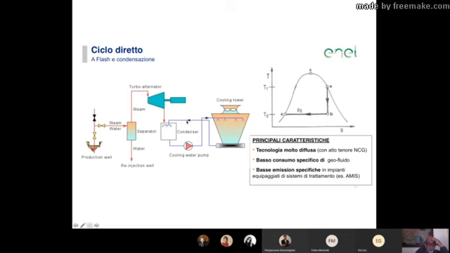Just to let you understand how important this is, for instance, at Amiata, the emission to the atmosphere of CO2 is 1.5 times that of a gas-fired combined cycle for the same production of electricity.